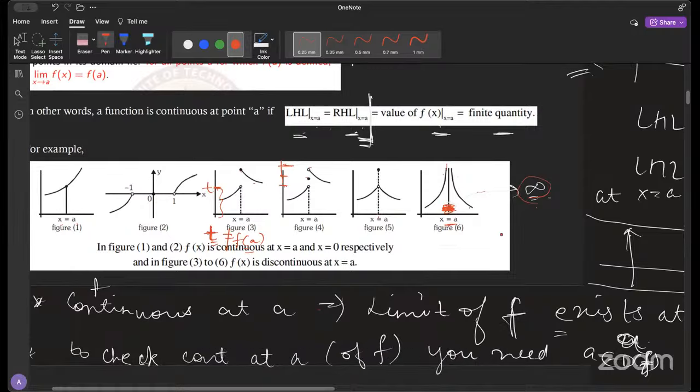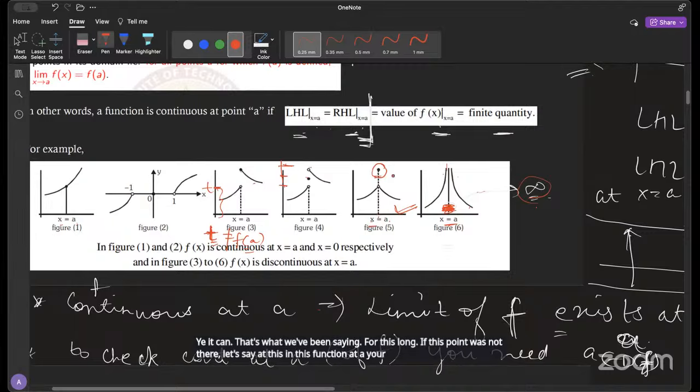Ma'am, if in a function at a value of x the function is not defined, can the limit exist at that point? Yes, it can. That's what we've been saying for this long. If this point was not there, let's say in this function at a, your function is not defined.